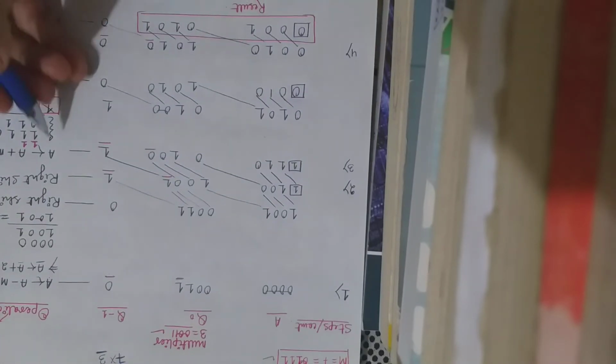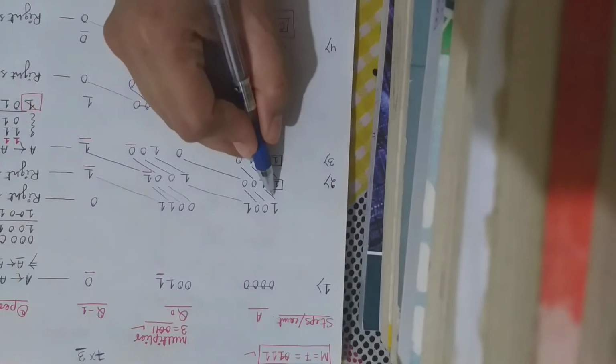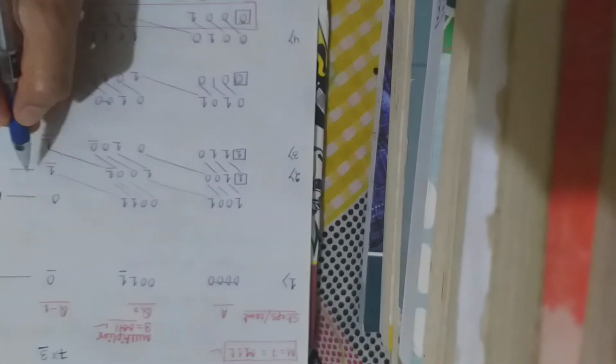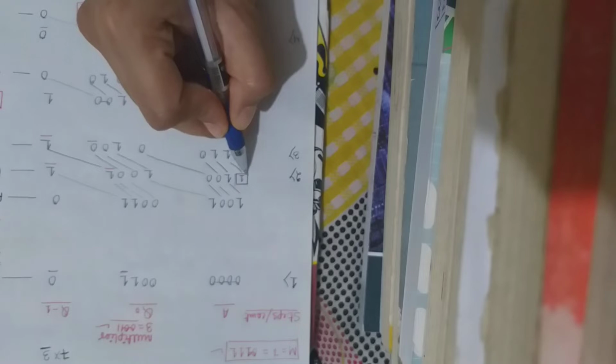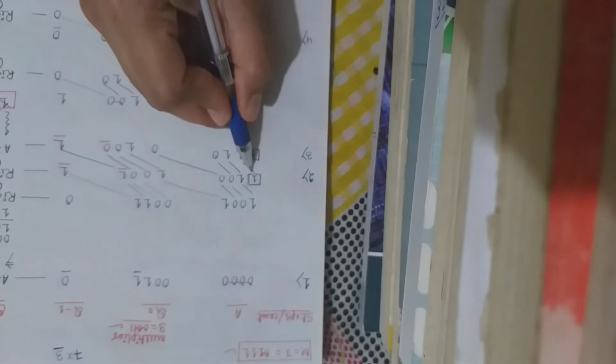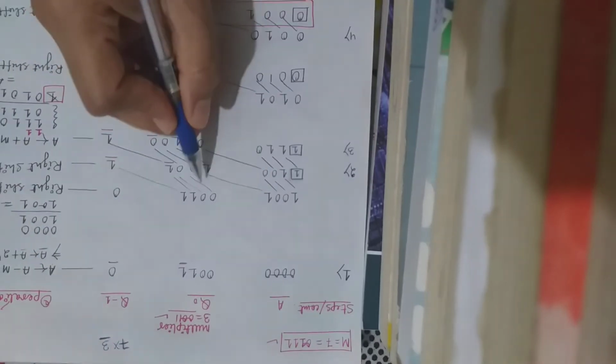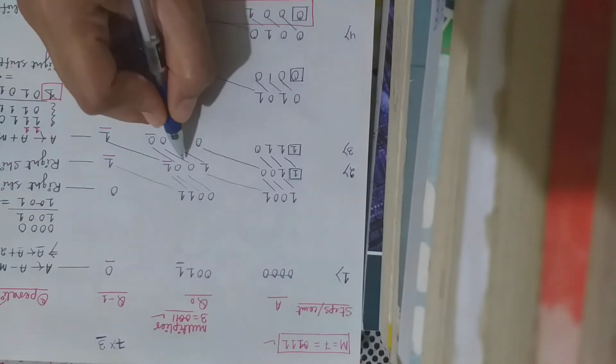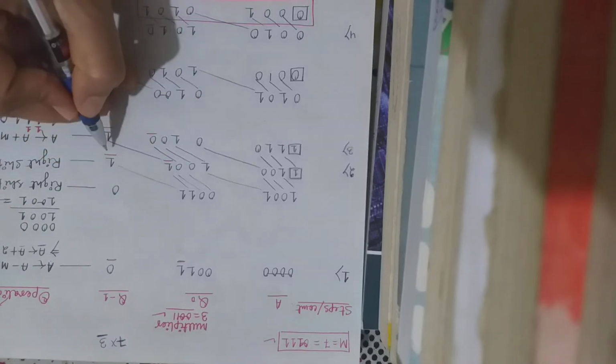Here 1 goes, here 0, here 0 like this, and this blank value will be filled up with 1. So the new value is 1100. The Q naught value is 1001 and Q minus 1 is 1.